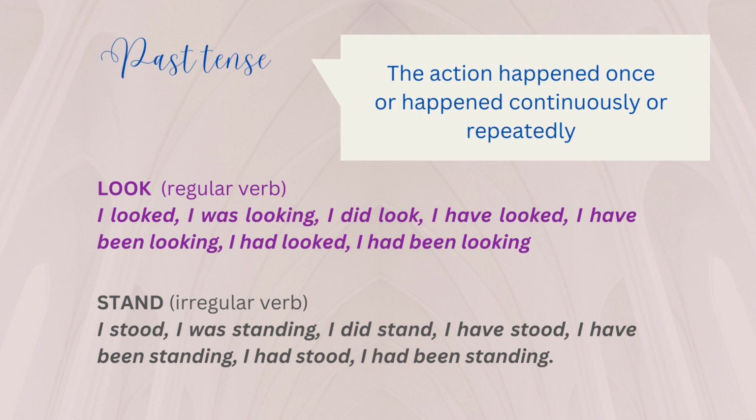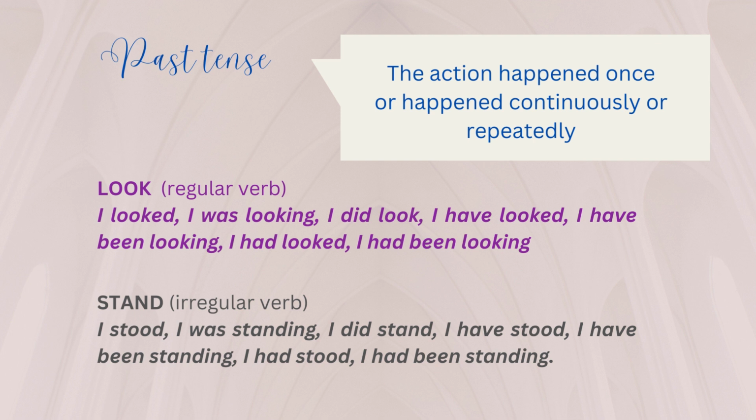The first 5, I looked, I was looking, I did look, I have looked, I have been looking, refer to an action that's over, but they're all just right in a particular circumstance. They're made up of the simple form of the past tense, like I looked, or a form consisting of an auxiliary verb plus a participle. And in the other 2, I had looked, I had been looking.